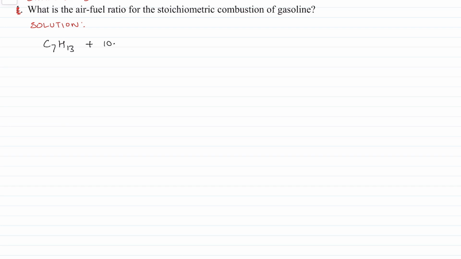C7H13 plus 10.25 moles of oxygen plus 38.54 moles of nitrogen gives 7 moles of carbon dioxide plus 6.5 moles of water plus 38.54 moles of nitrogen.